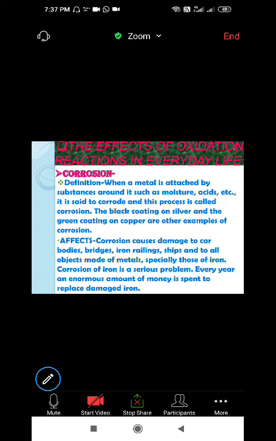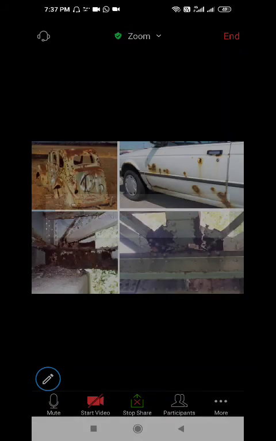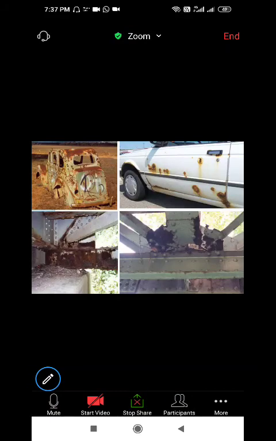Every year, an enormous amount of money is spent to replace the damaged iron. Here are some pictures where you can see the corrosion on cars, bridges, and some other places. I hope you guys have seen this in many places. You may call it rusting as well, right?